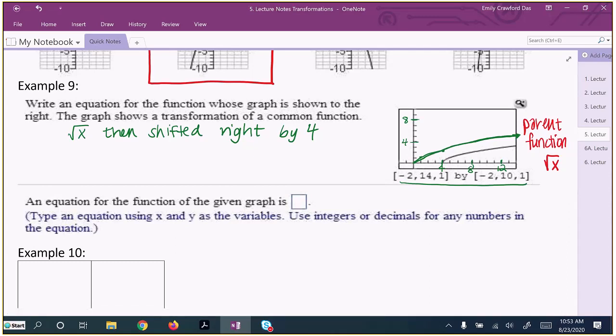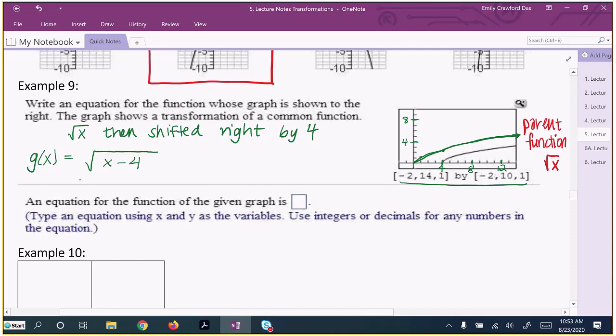So to express this, we know that we're either going to add or subtract 4 to the x coordinate, and the transformations of the x coordinate are counterintuitive. So if I want to move in the positive direction by 4, I need to subtract 4.